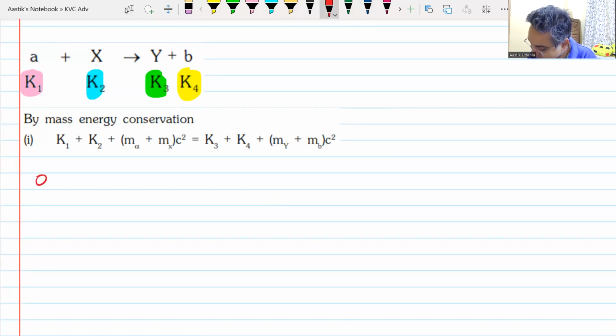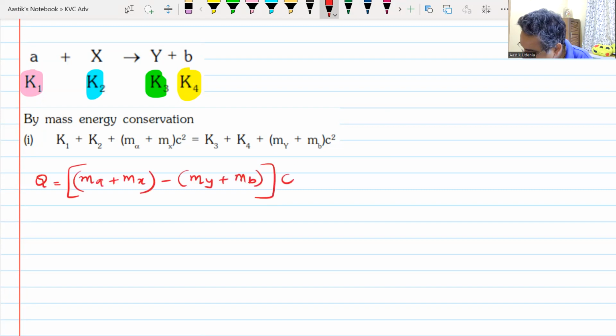I can write the term Q as (mass of A plus mass of X) minus (mass of Y plus mass of B) into c square.